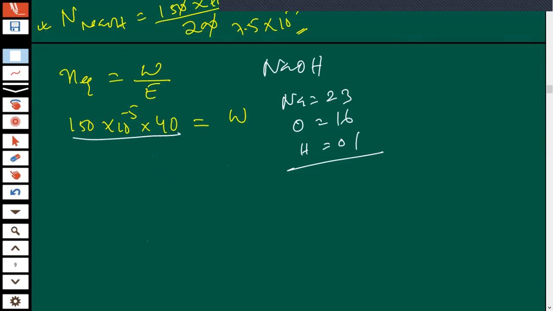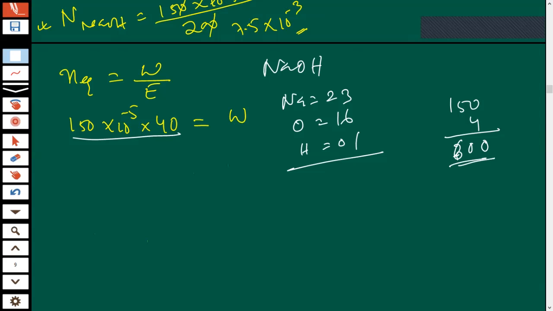So that will come 600 into 10 to the power minus 5. 150, if it is multiplied by 4, you will get 600. Do the calculation nicely.